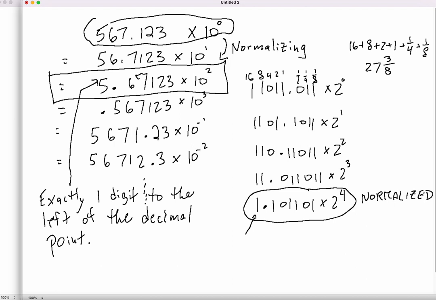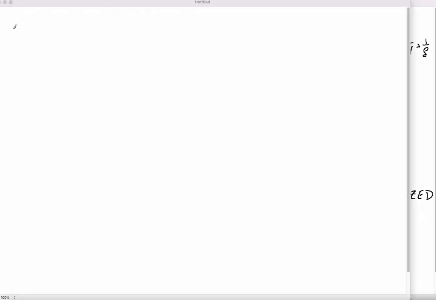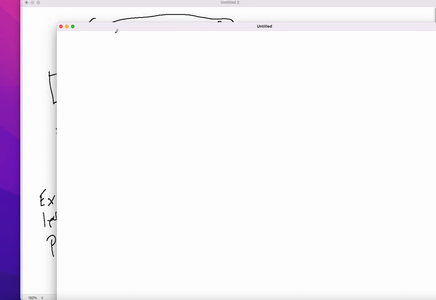Okay? Just to give you another example. Suppose I had this. Now this is not normalized because this over here is 0. We have to get a number there that's not 0. So this is times 2 to the 0.